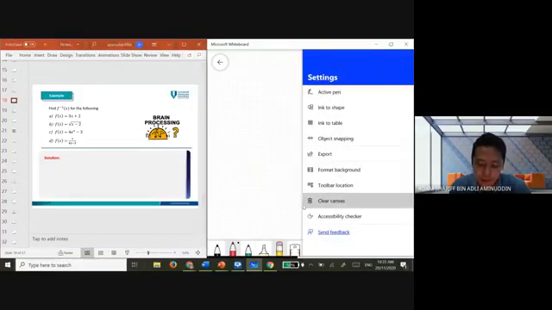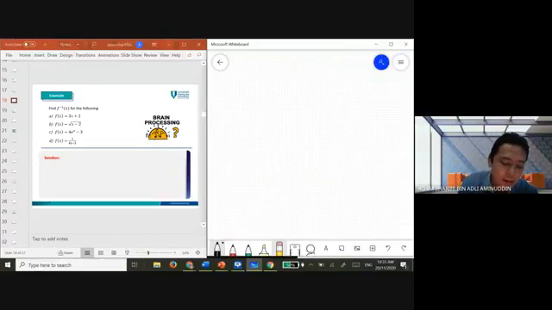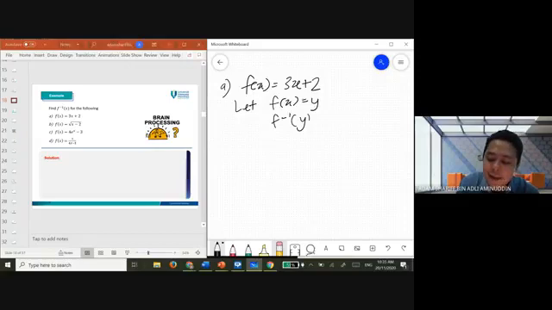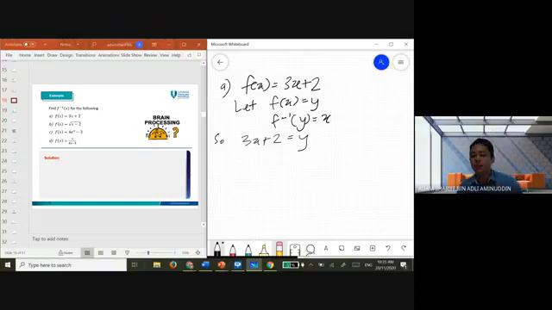We try to solve this. Find the inverse for the following: f(x) equals 3x plus 2. Let f(x) equal y, therefore f inverse y becomes equal to x. This is the fundamental part. So we make 3x plus 2 equal to y.